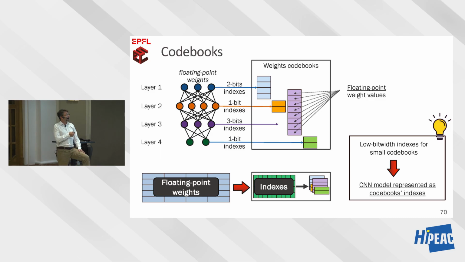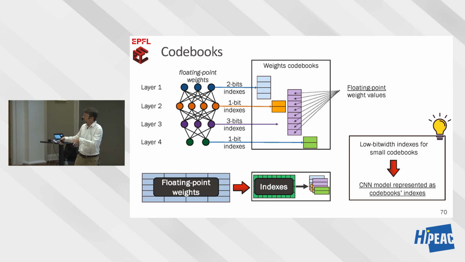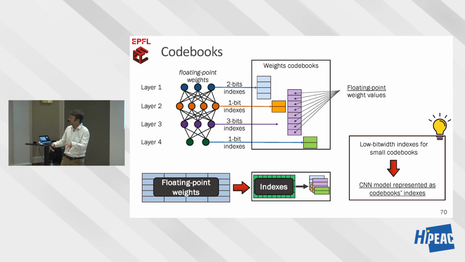So each layer may contain 4 floating point values if it's using 2-bit indexes, or 2 floating point values for 1-bit indexes, 8 floating point values for 3-bit indexes, and for each layer I will have a small table containing those values, and the many weights are represented as indexes in that table.